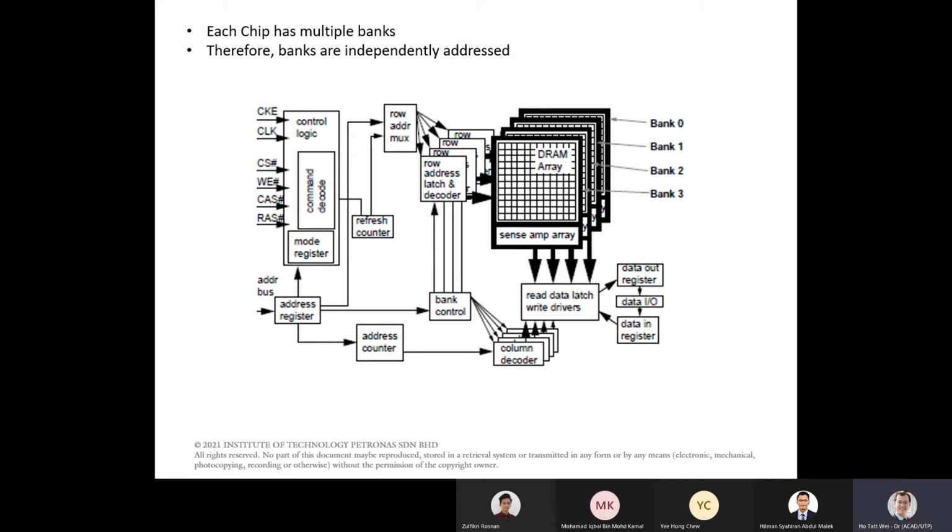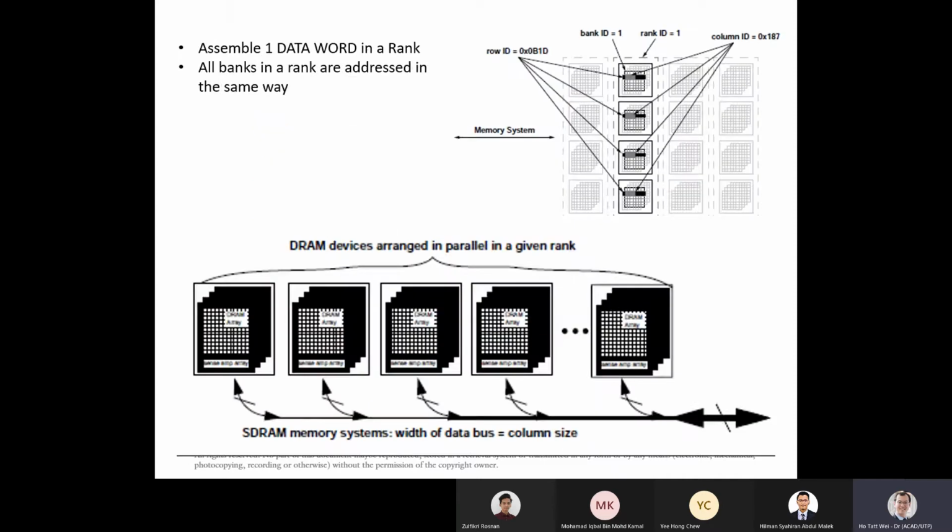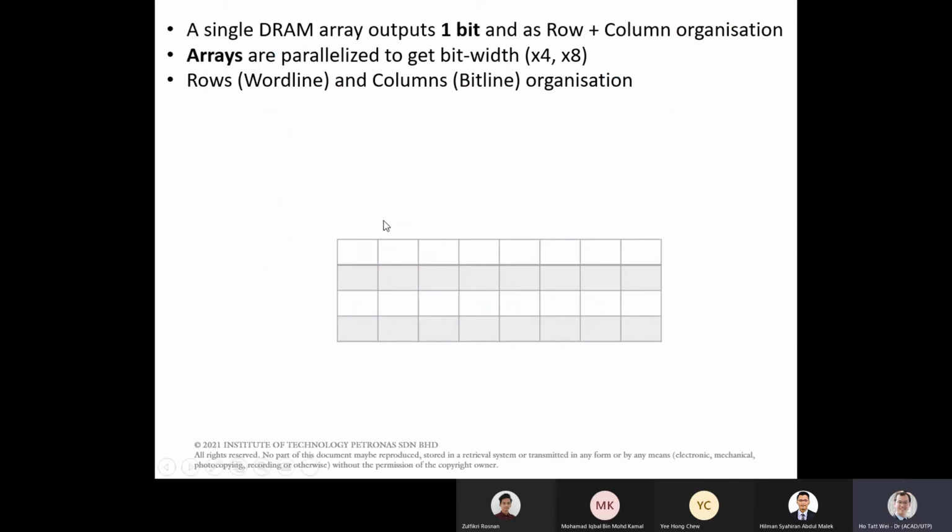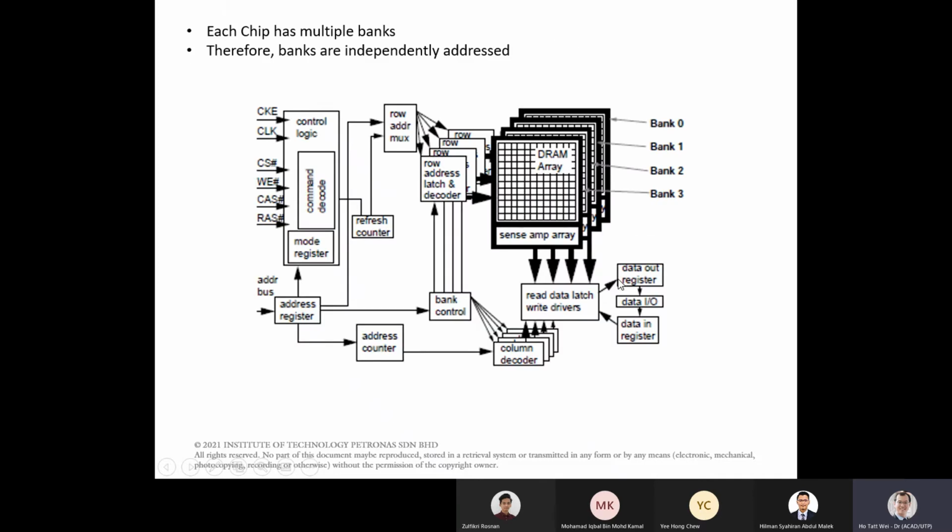Yes. Okay, so you can think about a bank as like an independent DRAM. You can think about it as putting it in one chip. Earlier on we said that one bank is basically a bunch of arrays. Each array is 1 bit, but I have to group them in order to get 4-bit or 8-bit data. All of these I call one bank. So a bank is like an independent set of boxes that I can store.